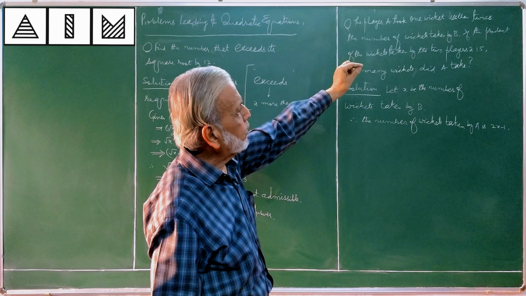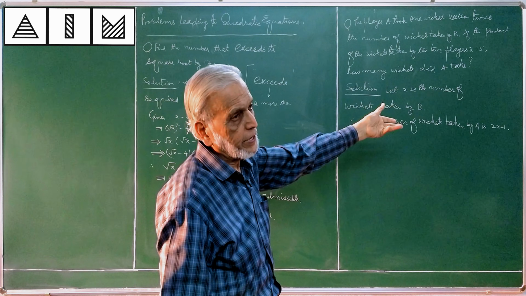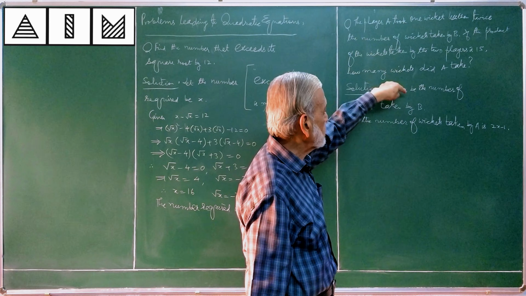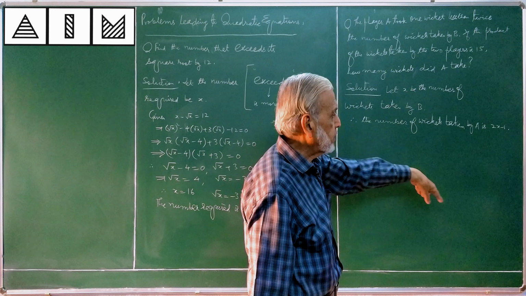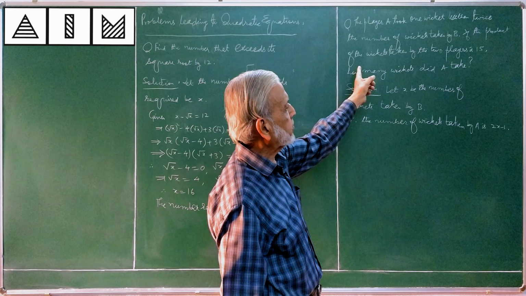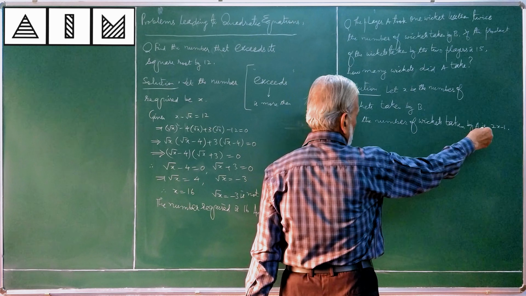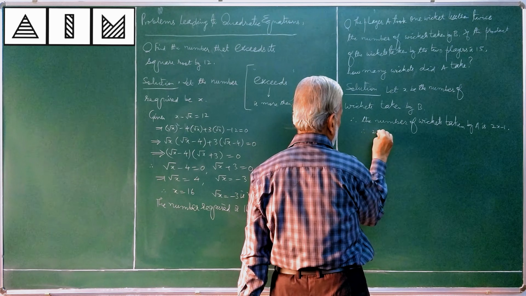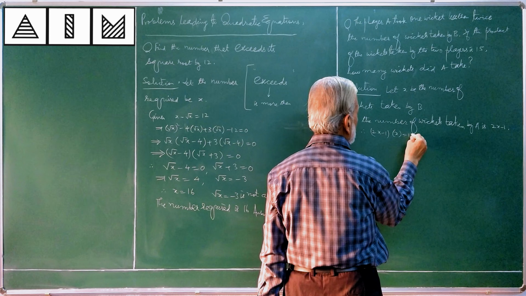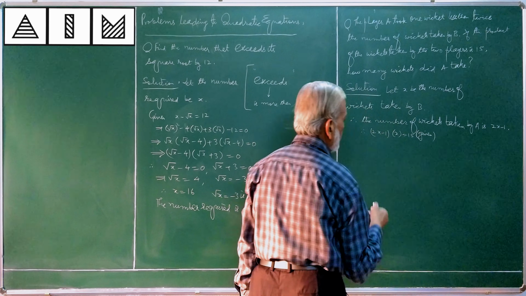If the wickets taken by B is x, its twice is 2x, 1 less is 2x minus 1. The product of the wickets taken by the two players is 15. B took x wickets, A took 2x minus 1 wickets. Proceed.